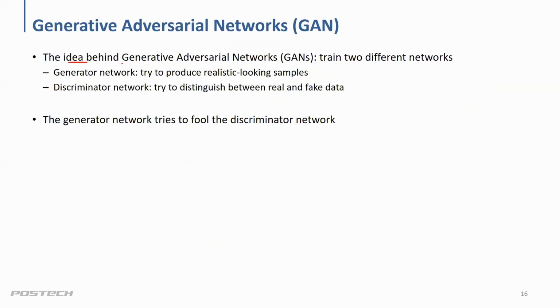The idea behind the GAN is that we have two networks. The first one is the generator, and the second one is the discriminator. The generator is the generative model trying to produce realistic looking samples.